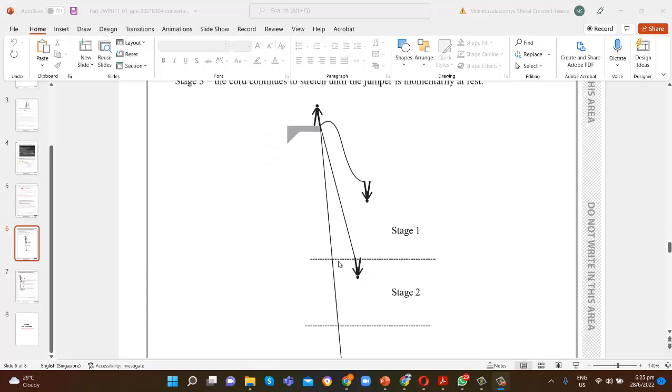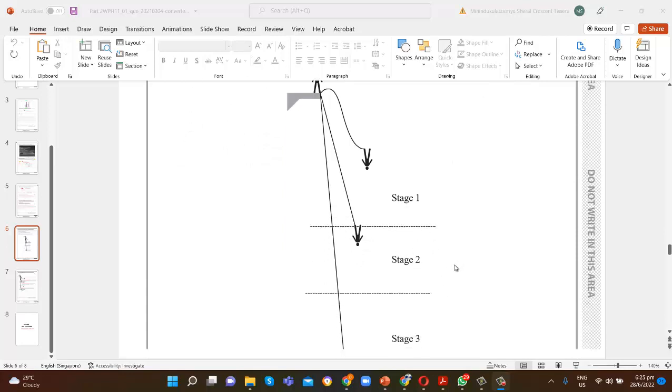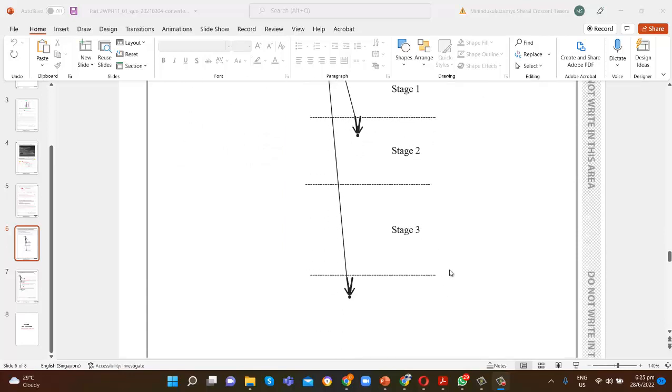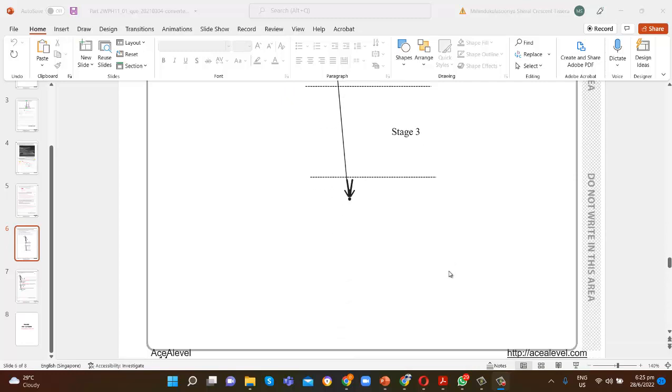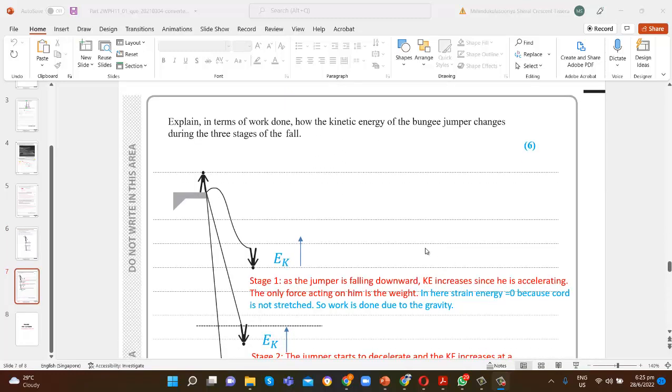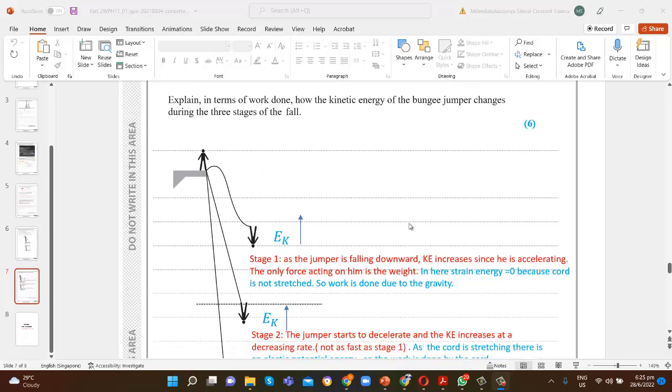Now see, they want you to write stage 1, stage 2, stage 3 alternatively. Now see what they are asking. Explain in terms of work done how the kinetic energy of the bungee jumper changes during the 3 stages of the fall. So it is given 6 marks. You should know what's happening.